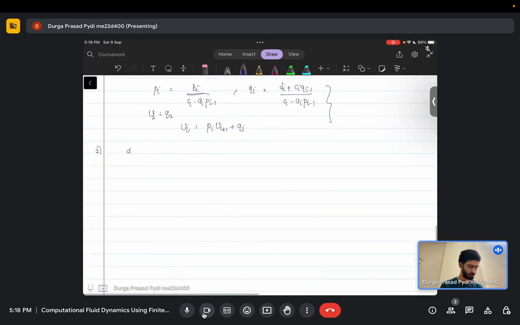So the equation is again straightforward. d/dx of dT/dx, with thermal conductivity assumed to be 1, equal to 0, and we have Dirichlet conditions. Say we have some faces.